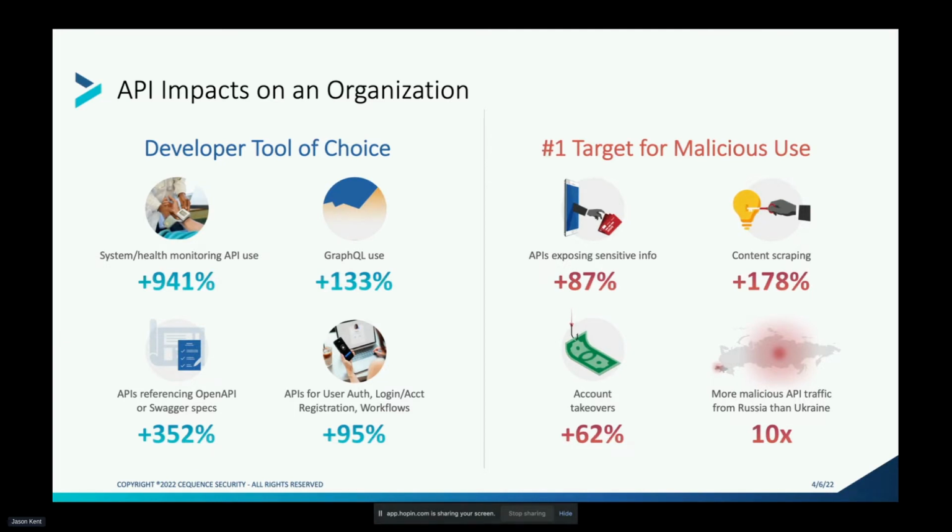But what's coming along with this is we're seeing more and more off-the-shelf solutions that get purchased. And we're seeing more and more things like health monitoring APIs that are out there for those systems, which have a lot of interesting data in them. Sometimes it's error messages, sometimes it's more than that.